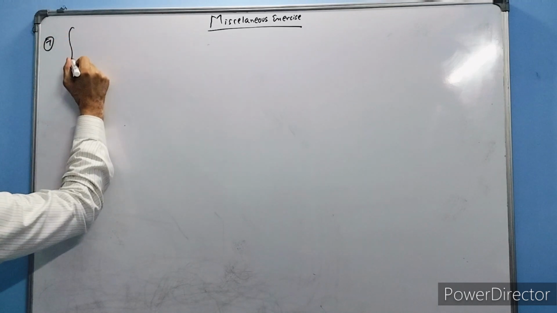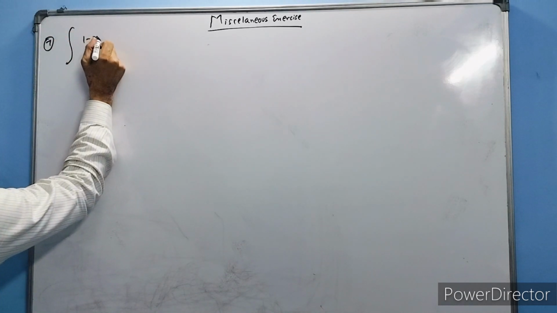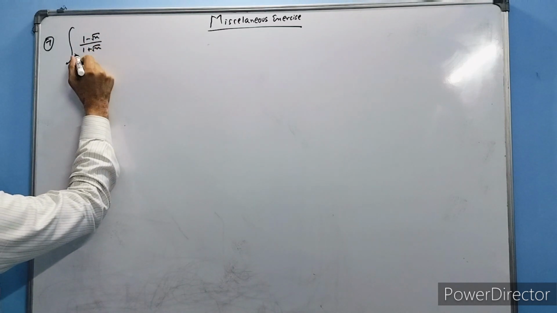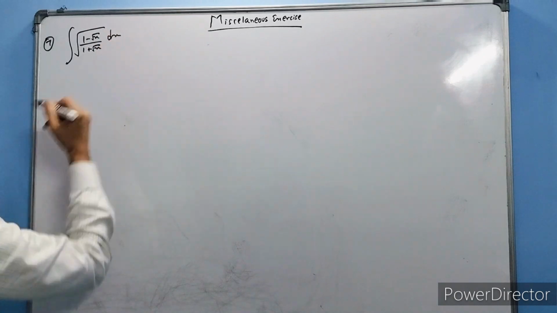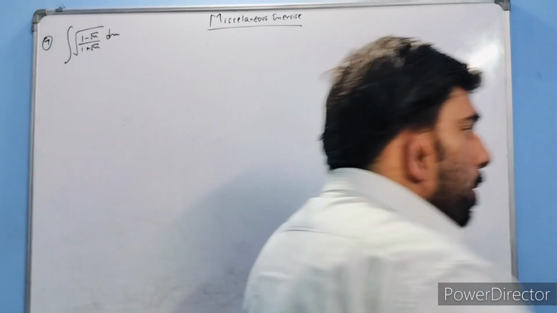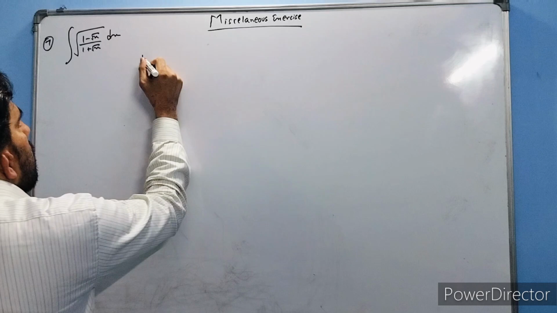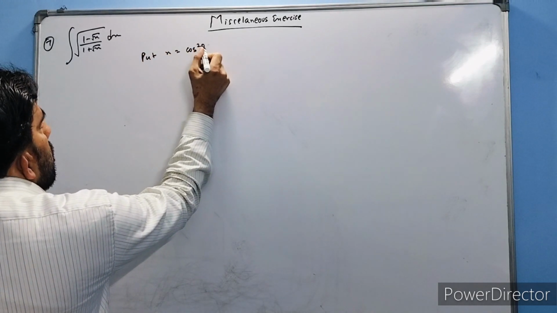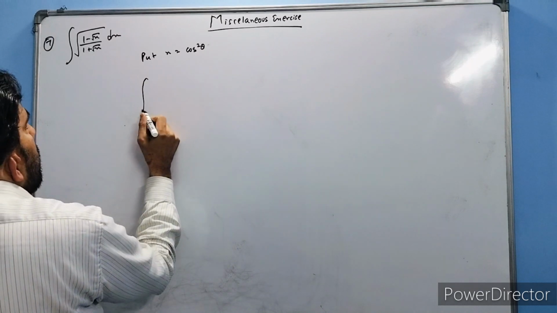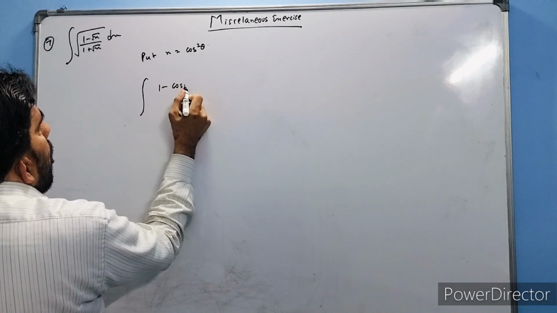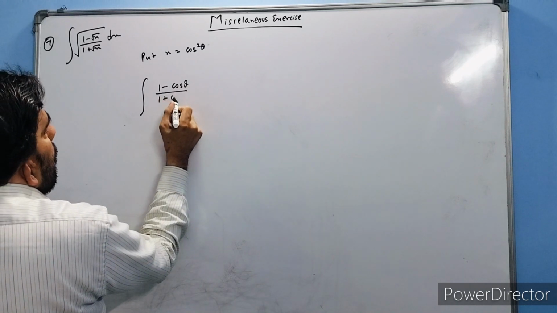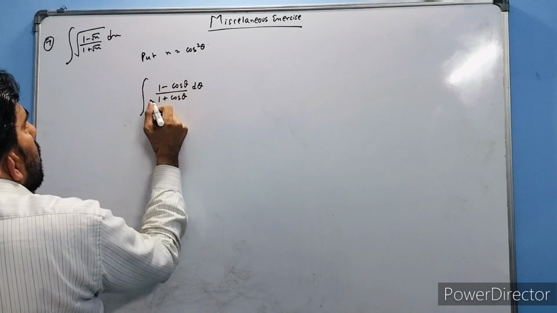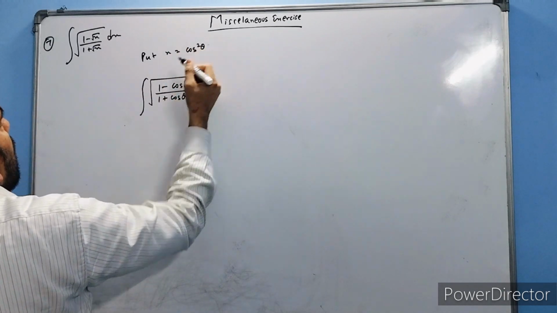7th question. Today I am going to try to solve the integral of root of 1 minus root x upon 1 plus root x, the whole thing under root, with respect to x. Now what we can do here, put x is equal to cos square theta, so that we'll have 1 minus cos theta upon 1 plus cos theta, d theta here, and it will be under root because we have taken x as cos square theta.